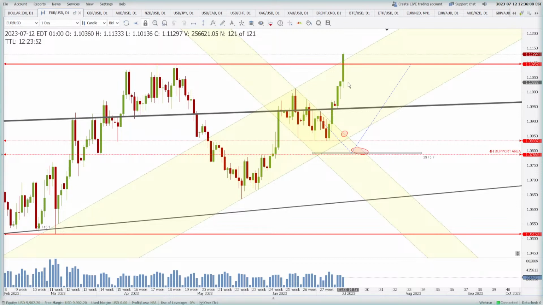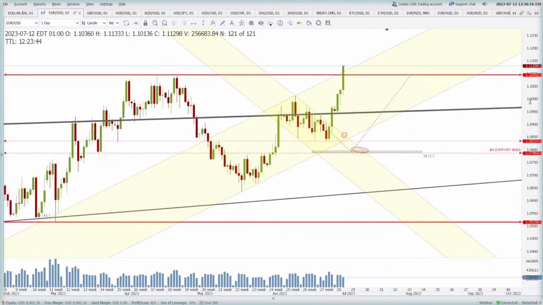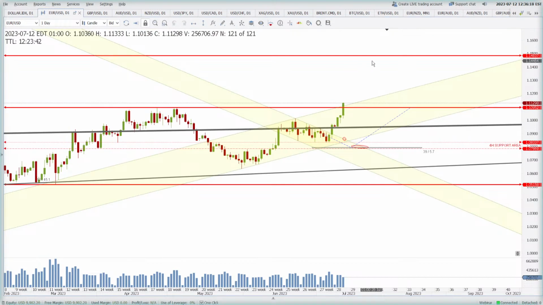Although there is still 12 hours and 23 minutes left to close this candle. But if the candle closes above 1.1095 today, then the uptrend will continue with the targets of 1.1483. For some reason, if the price starts going down from here and closes below 1.1095, then I think that will be a bearish signal, and in that case the price can come back towards the monthly line and maybe even to the 1.0833 area.